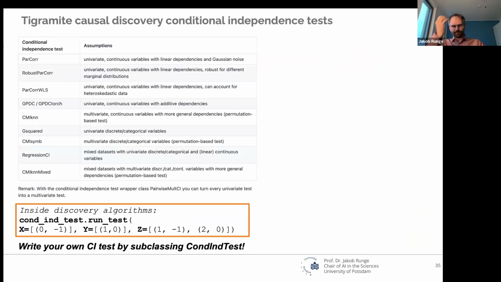All right, thank you. So the independence tests are currently implemented for various assumptions, like univariate continuous data with linear dependencies and Gaussian noise, or robust parcorr, which allows for different marginal distributions. Then there is weighted least squares for heteroscedastic data.